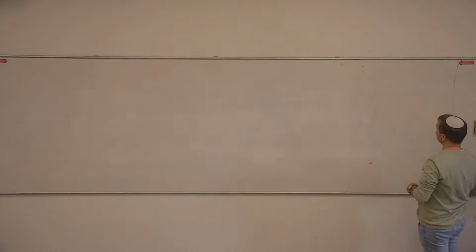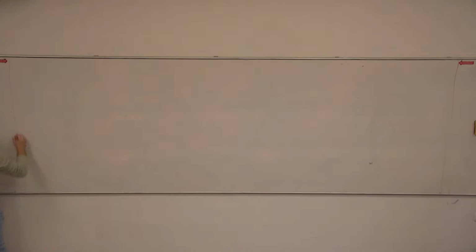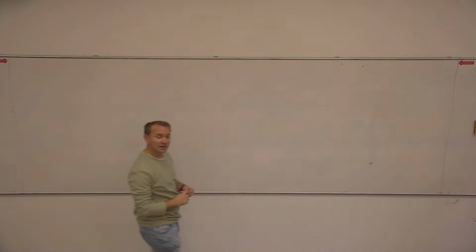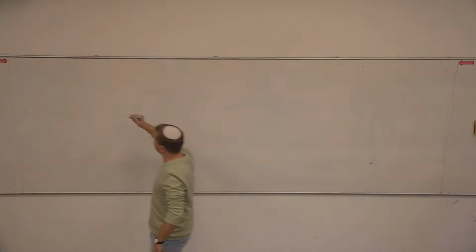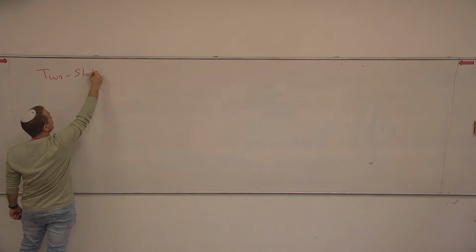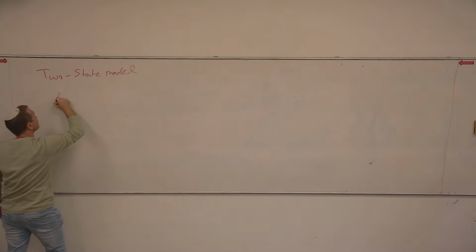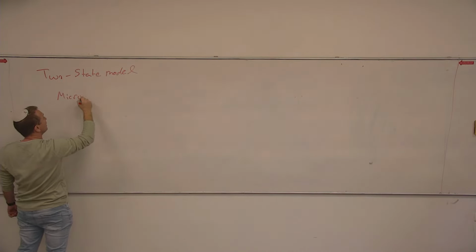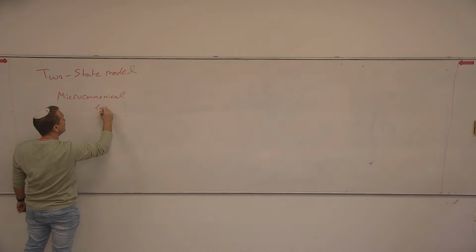So we are starting. I remind you that yesterday we started this two-state model about a gas of non-interacting particles. Those particles had two energy levels, so two-state model. We use the micro-canonical ensemble.